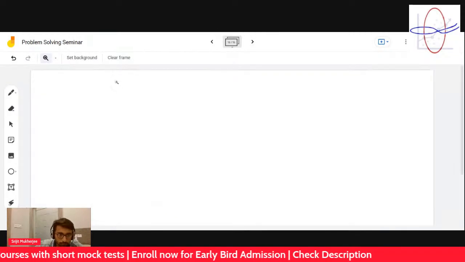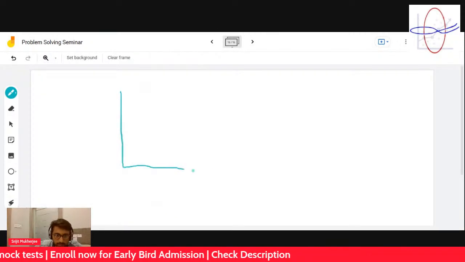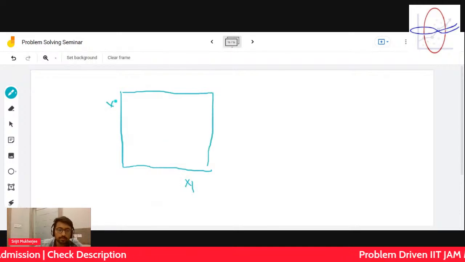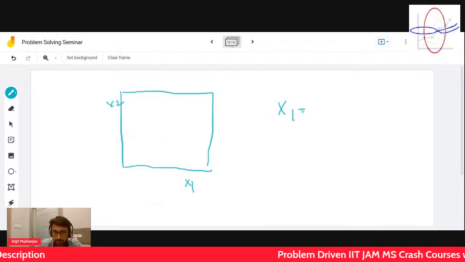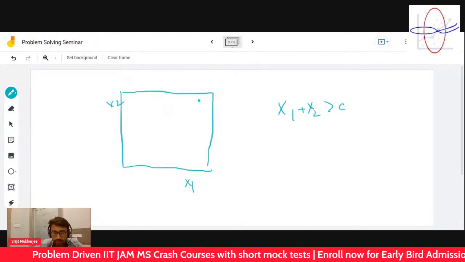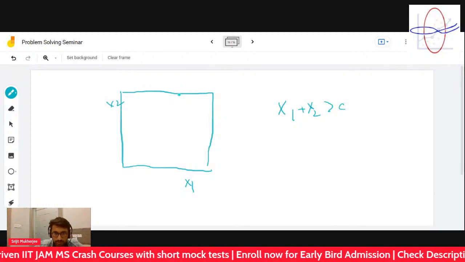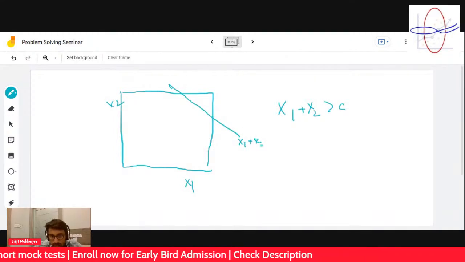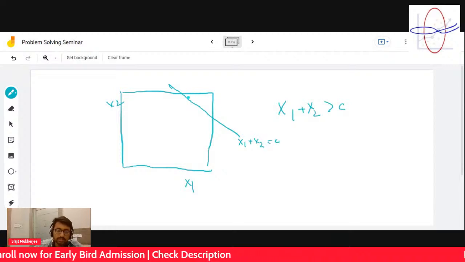Sure. So here is the x1, x2 part, the square. The region is x1 plus x2 greater than c. It's uniform, so it's the area of this region that matters. This line is x1 plus x2 equal to c, and this region is greater than c.